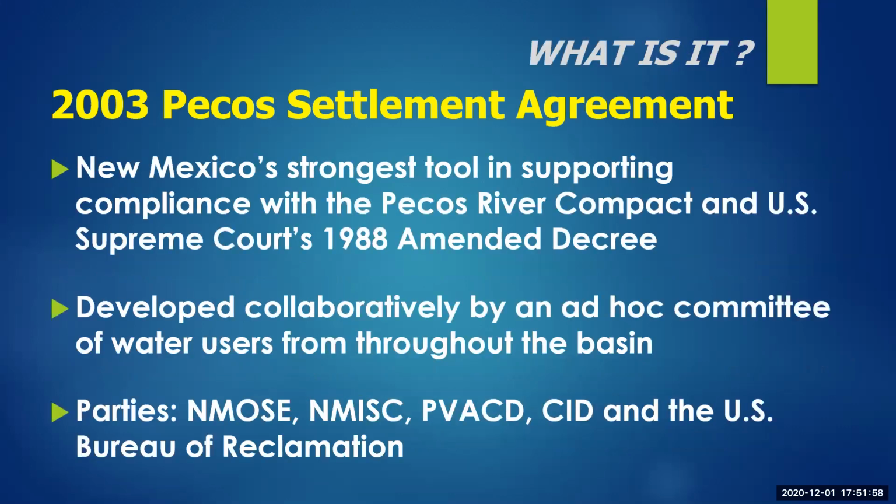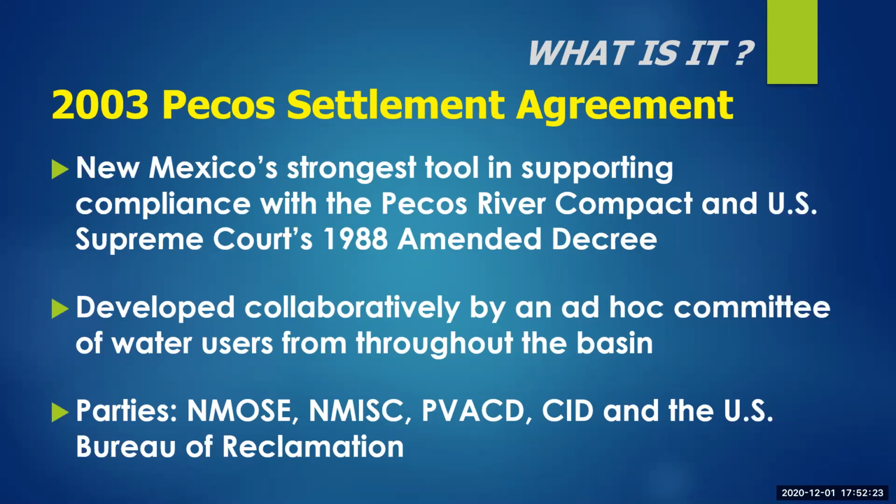And the Pecos settlement agreement really has proven to be the state's strongest tool in terms of ensuring our compliance with the compact. And I also just really want to stress here that this is a solution that was crafted collaboratively by a number of water users from throughout the basin. Over a 2-year period, there were meetings that were held almost bi-weekly, most of them public.